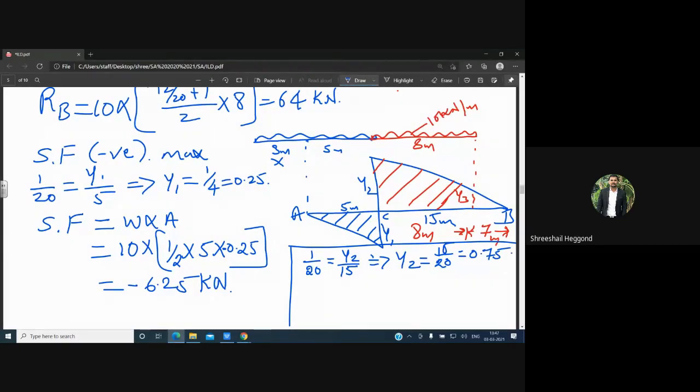Similarly, y3 can be calculated as 1 divided by 20 equal to y3 divided by the remaining distance of 7 meter. Therefore, y3 can be calculated as 7 divided by 20, or 0.35.